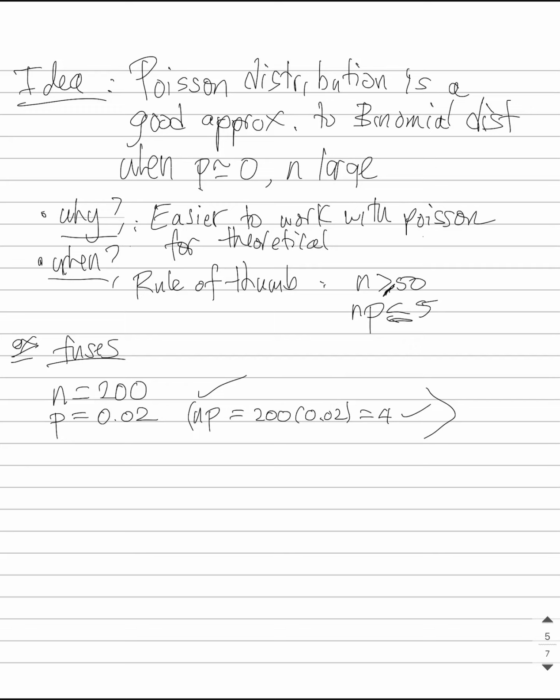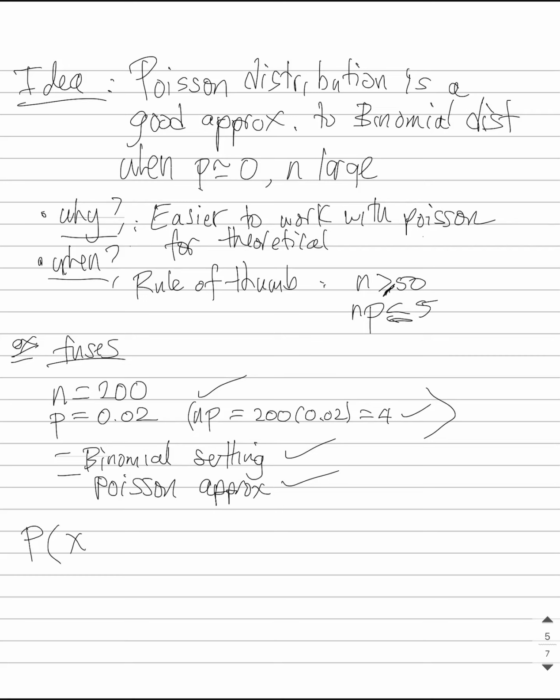Now, this is in the binomial setting, which is important, but the Poisson approximation should apply as well. All of those things need to be true. Remember, Poisson isn't something different from binomial. It's just an approximation to binomial, so it needs all of those settings to still hold.